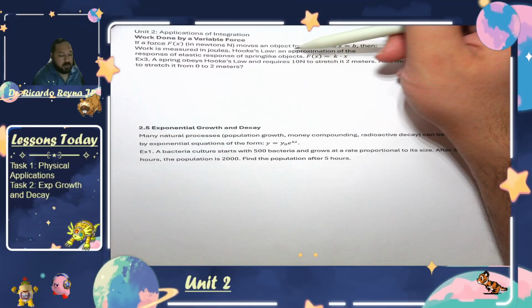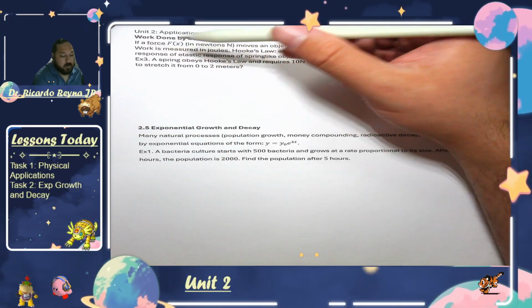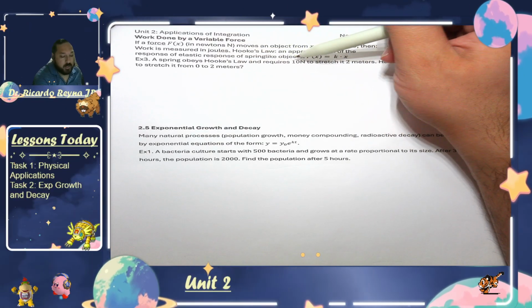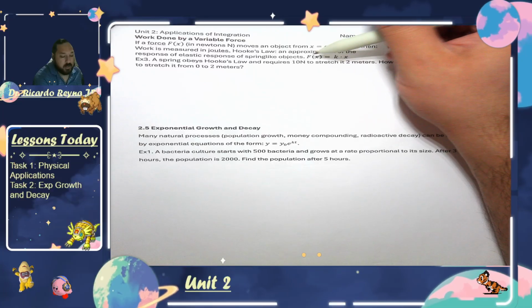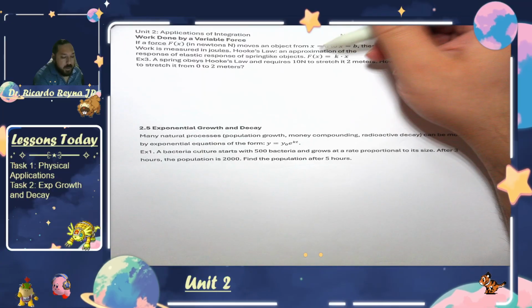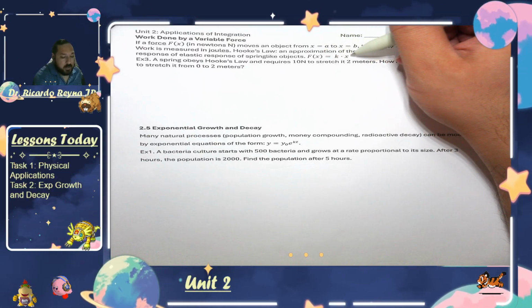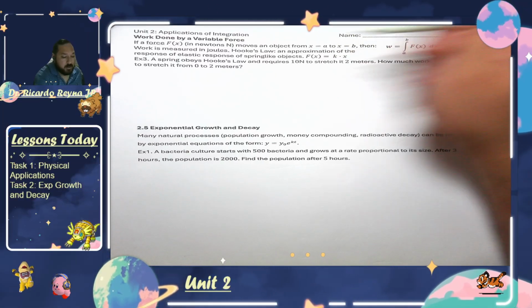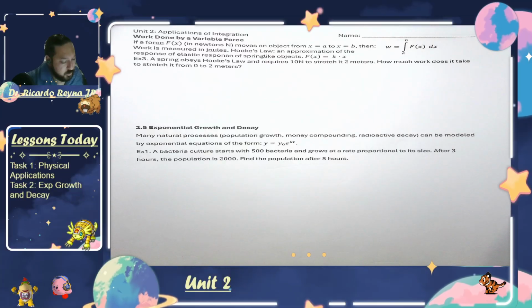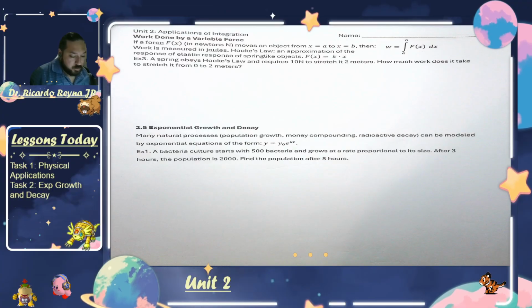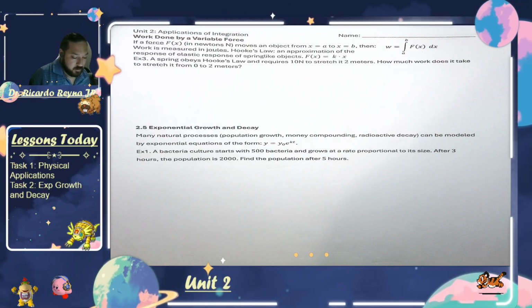Hooke's law states an approximation of the elastic response of spring-like objects, defined as f of x equals k times x, where k is some constant. A spring obeys Hooke's law and requires 10 newtons to stretch it 2 meters.